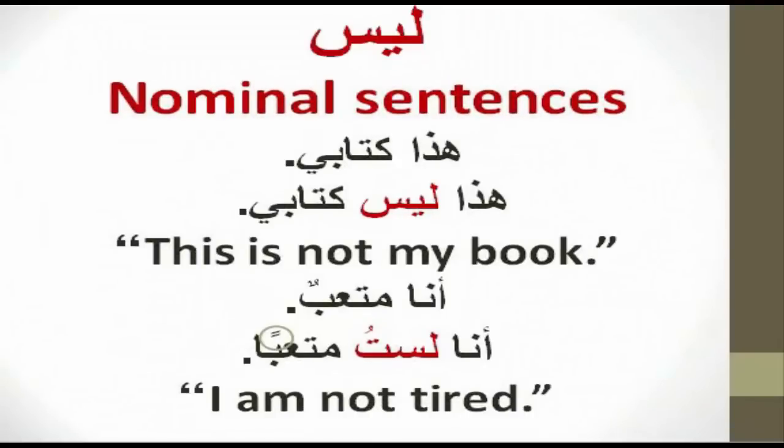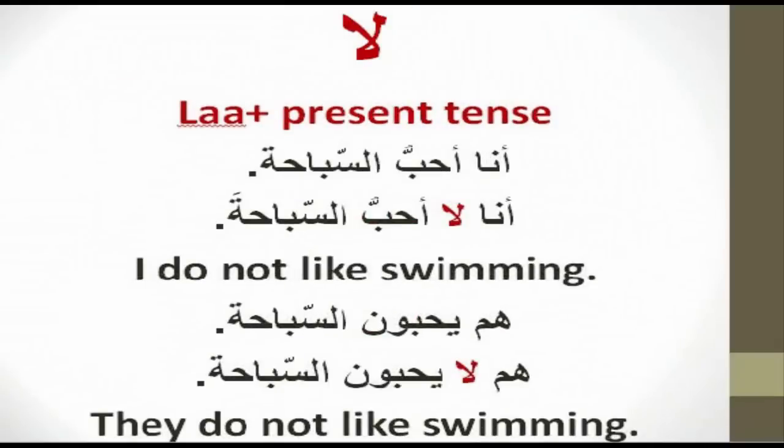I'm not tired. Alright, so as a conclusion, as we mentioned before, we have different particles used for negation in Arabic. The first one is la. La is used to negate present tense verbs, and it should be added before the present tense verb.